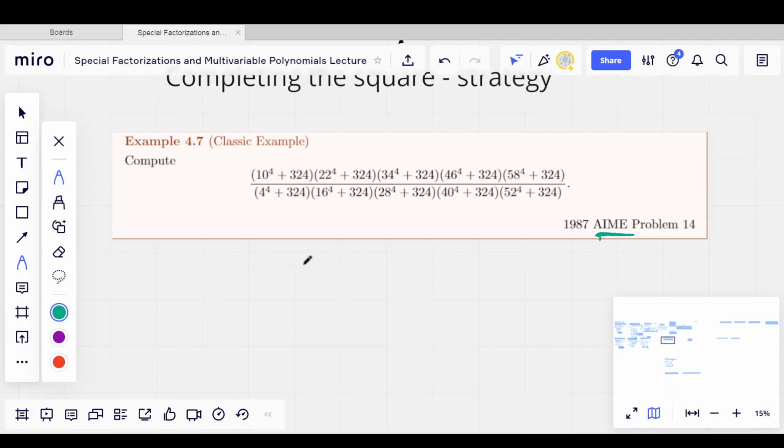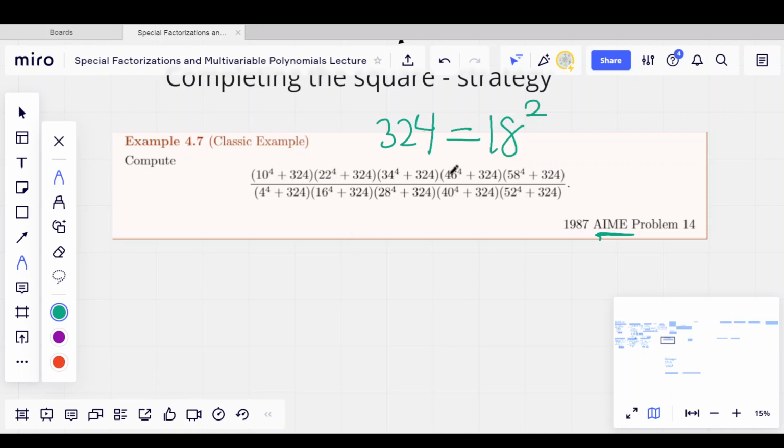So here, notice that 324 is 18 squared. So 18 squared should remind you of this strategy right over here, because these are all raised to the fourth powers, and fourth powers are always squares.